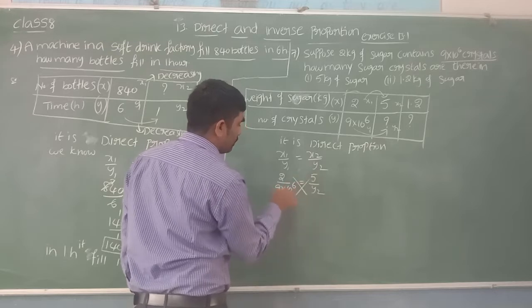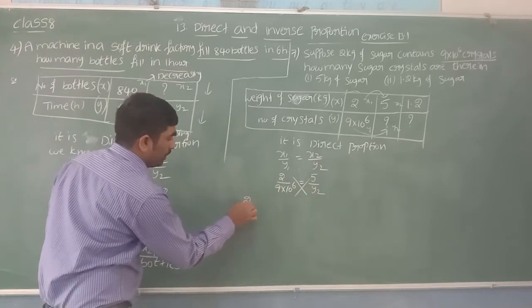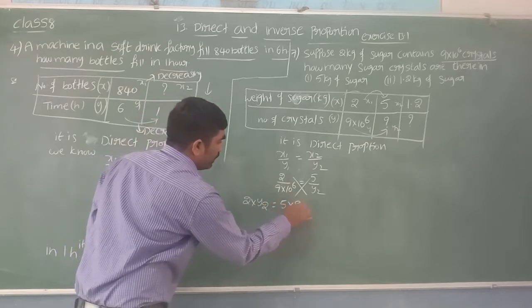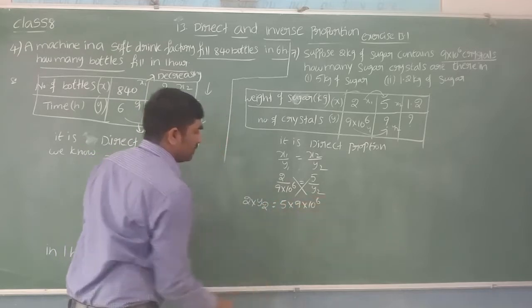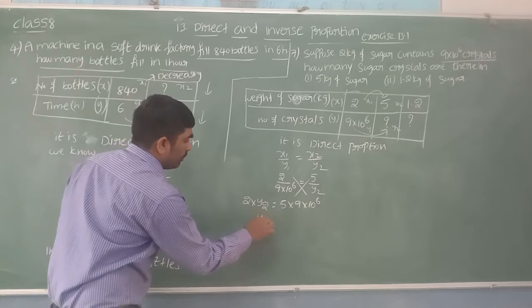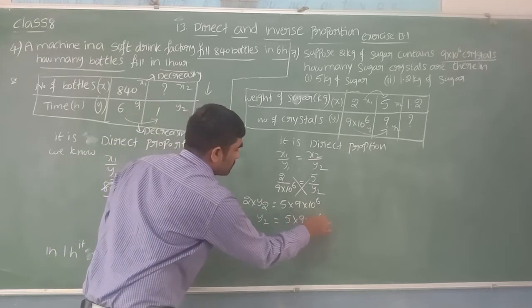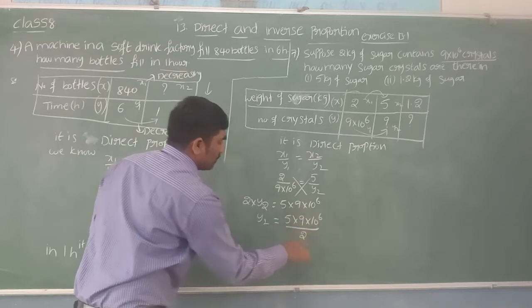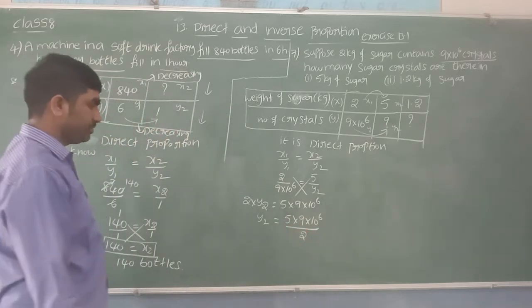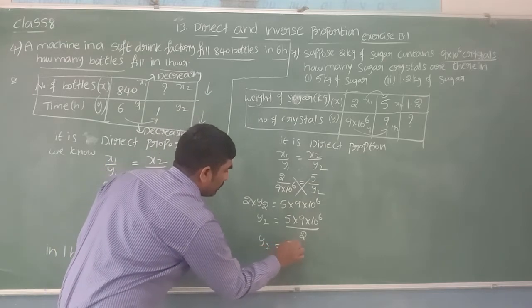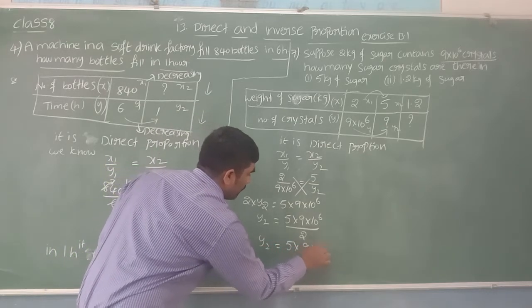Now you can find y2. 2 into y2 is equal to 5 into 9 into 10 power 6. So y2 is equal to 5 into 9 into 10 power 6 by 2.